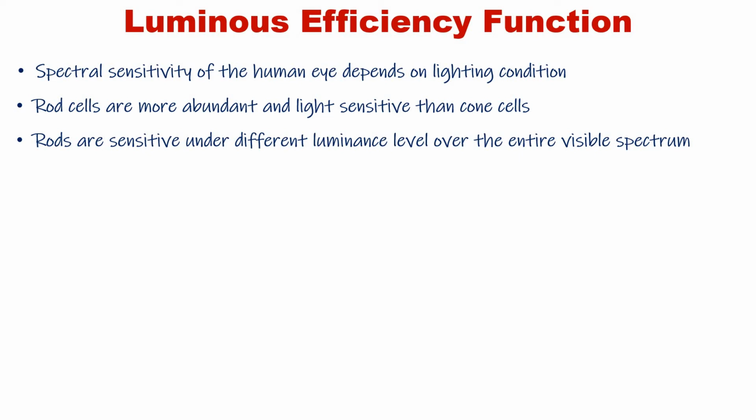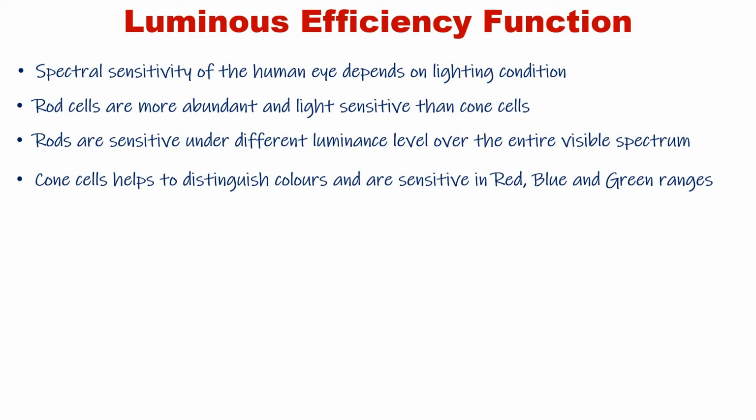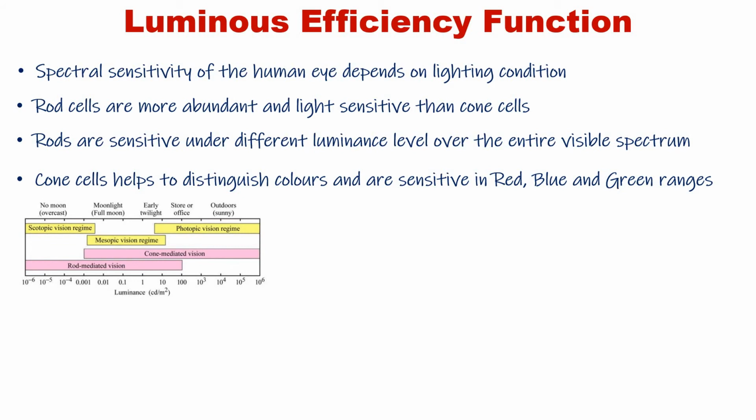That means if we can distinguish bright and dull light, that is possibly because of rod cells present in our eye. Whereas cone cells help us in distinguishing colors such as red, blue, green, and their sensitivity is very low compared to that of rod cells.